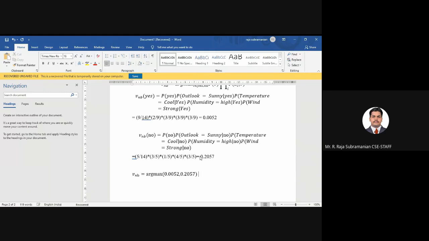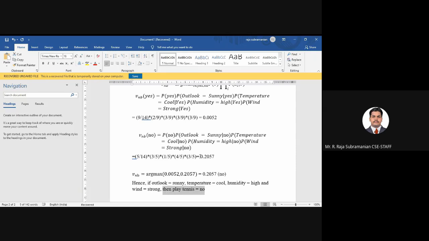So I take 0.2057, classified as no. Hence, in the given condition, if outlook is equal to sunny, temperature is equal to cool, humidity is equal to high, and wind is equal to strong, then I write PlayTennis is equal to no. So this is the final answer.